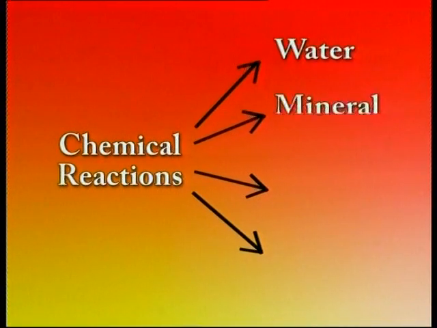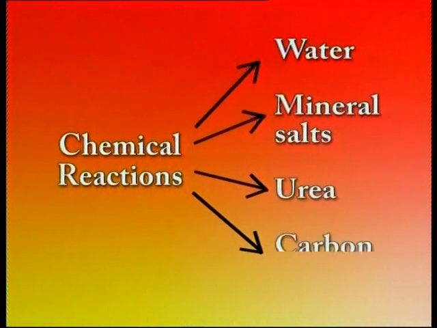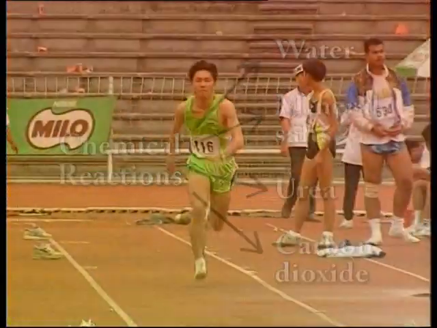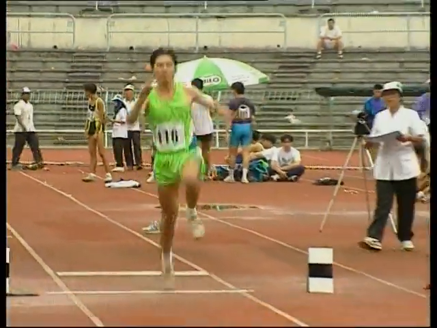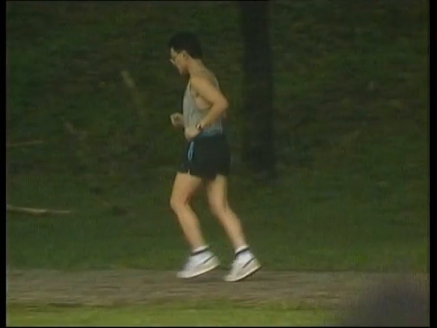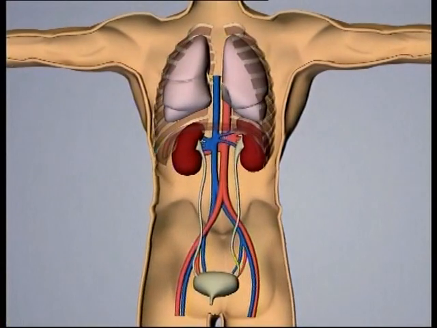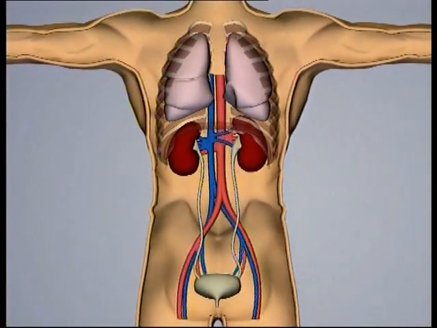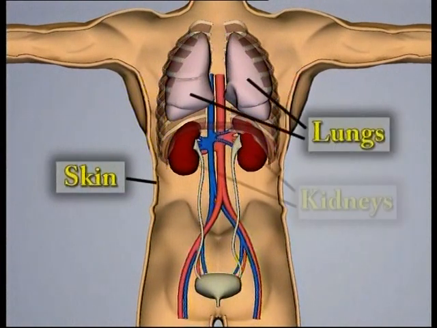When we talk about excretion, it refers to our body's ability to remove waste products which are harmful if they stay in our body. These wastes, such as water, mineral salts, urea, and carbon dioxide, are the result of chemical reactions. The removal of these wastes enables the body to remain healthy and its organs to continue functioning as they should. Human excretion consists of 3 excretory organs, that is the skin, lungs, and kidneys.